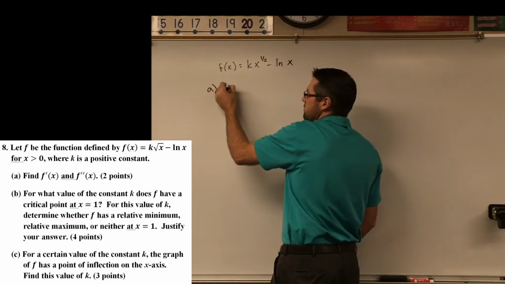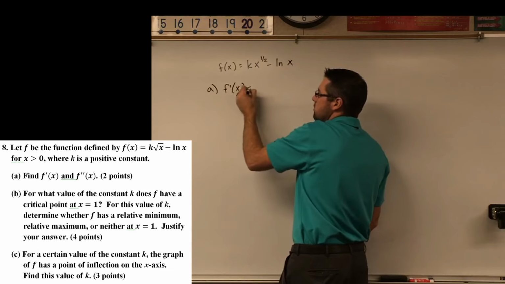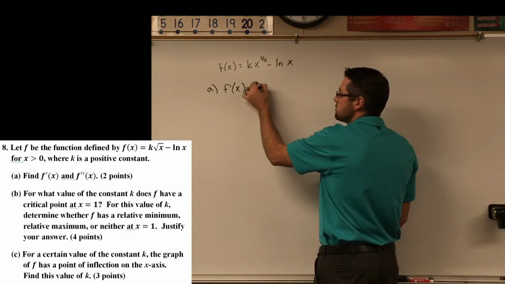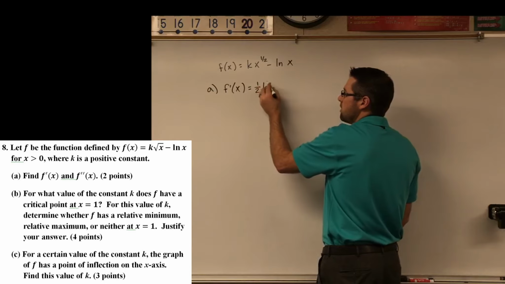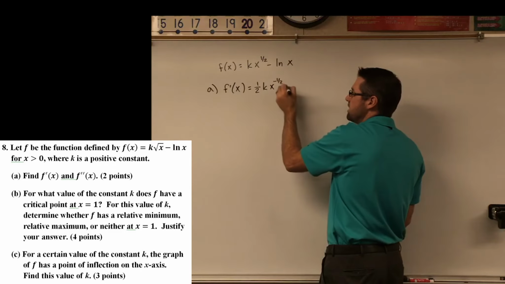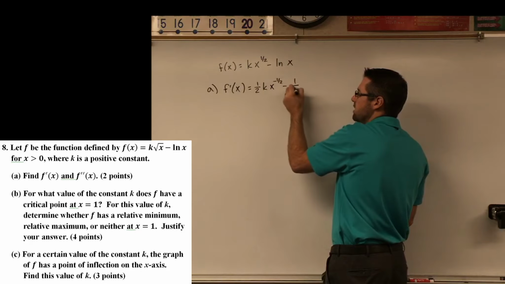Then we can take the derivative. So f prime of x equals, k is a positive constant, so we get 1/2 k x to the negative 1/2 minus 1 over x.